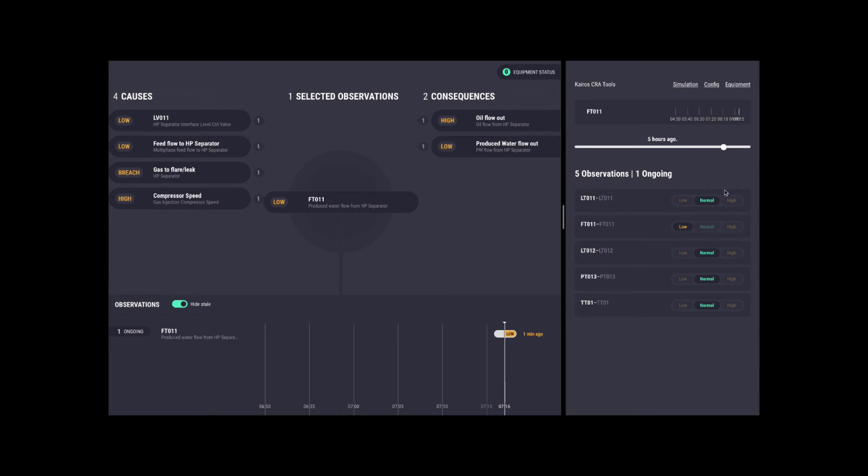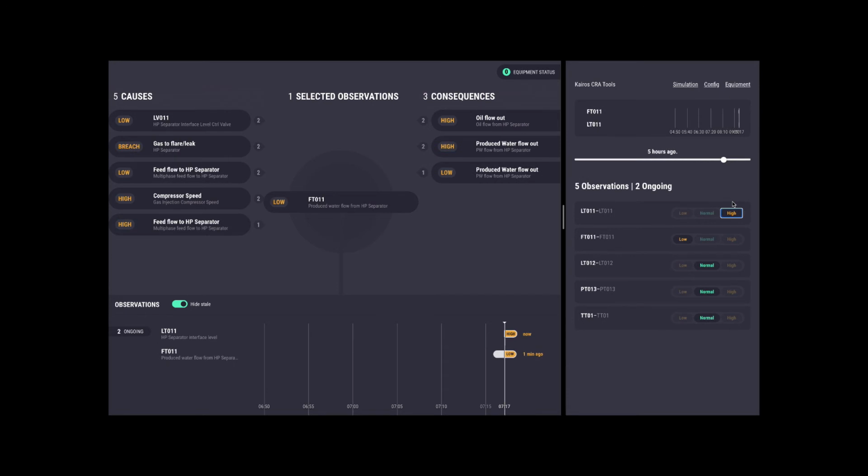Next, the water level increases, and we can now see that the ranking here changes. The top ranked has 2 observations supporting that we have a low level control valve for the water level.